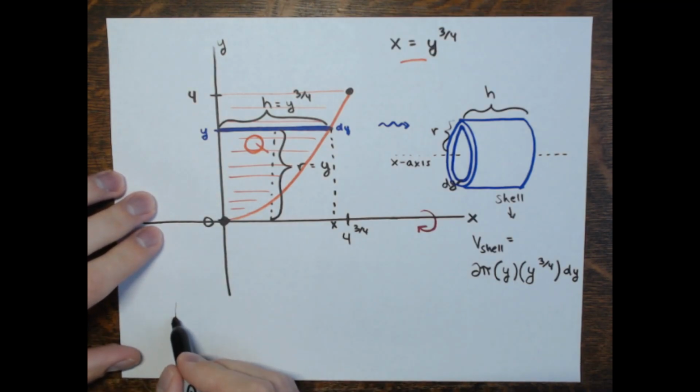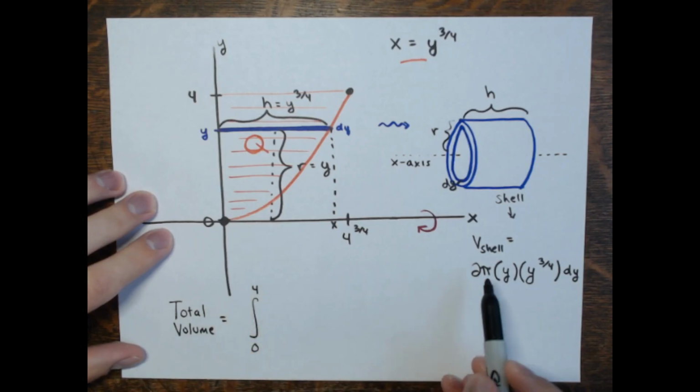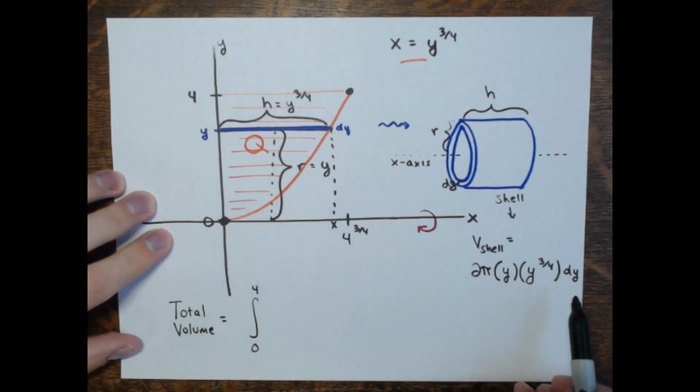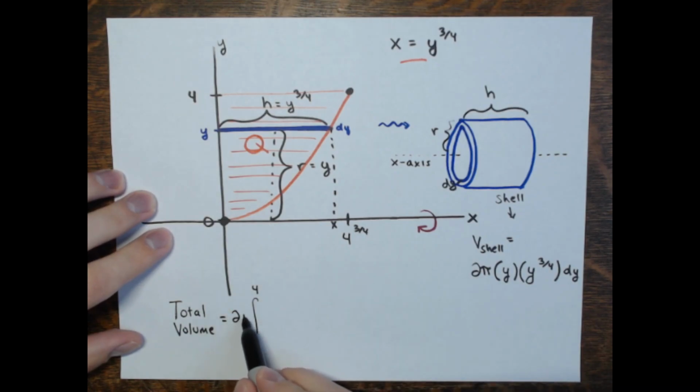Okay, so the total volume of the 3D shape that's being created is going to be an integral from 0 to 4 of these shell volumes. Now there's 2 pi as a constant multiple, so I'm going to pull that out.